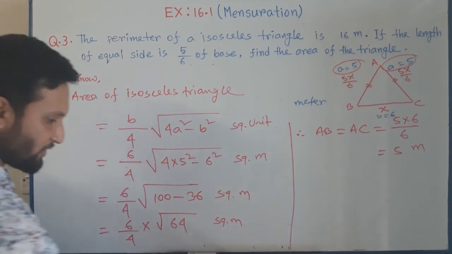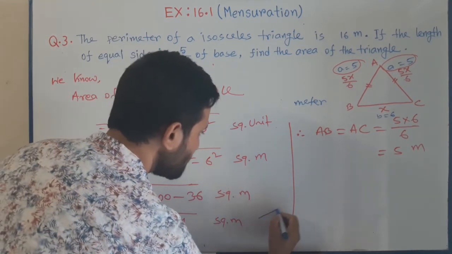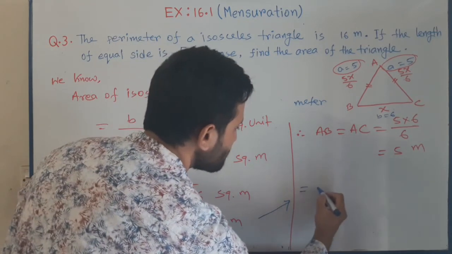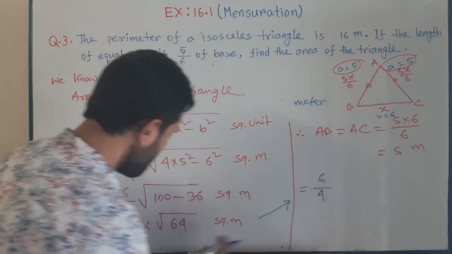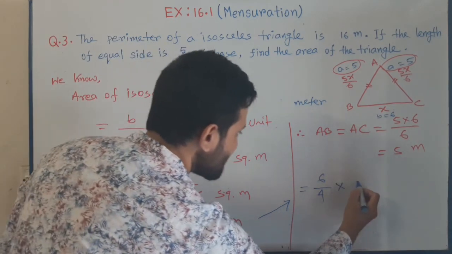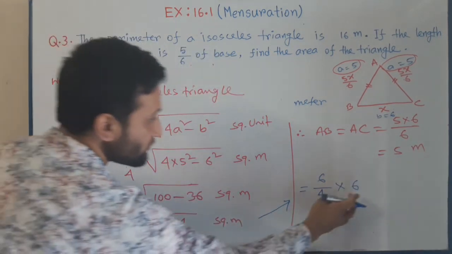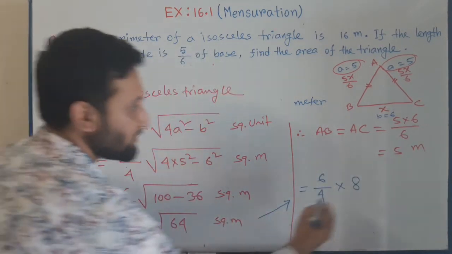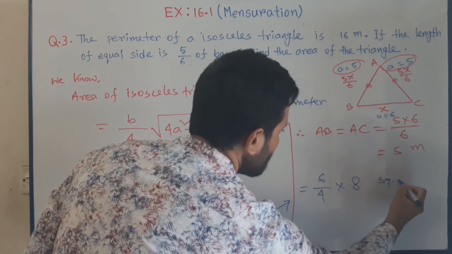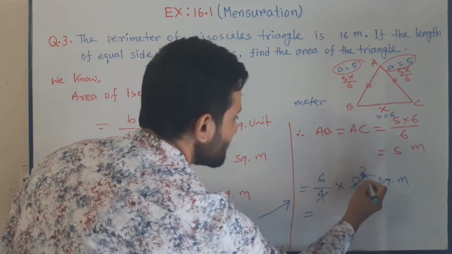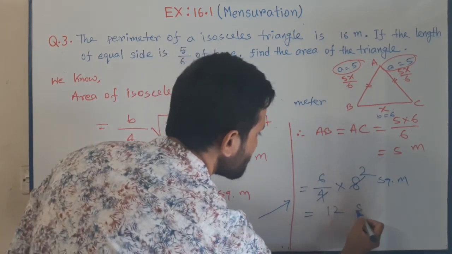Now next part: root 64 is 8. So 6 by 4 into 8, 4 twos are 8, so 6 into 2, that means 12 square meter.